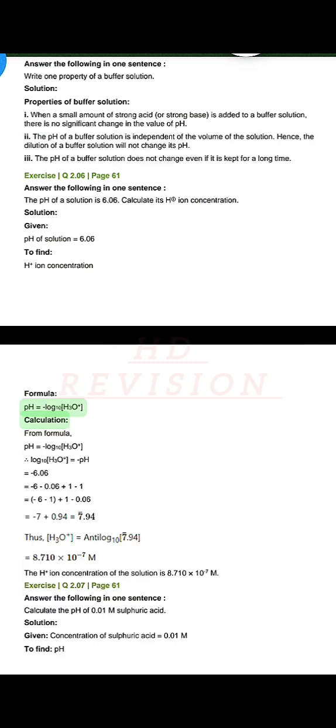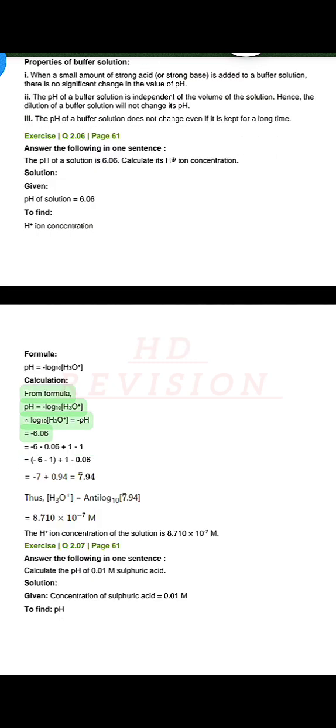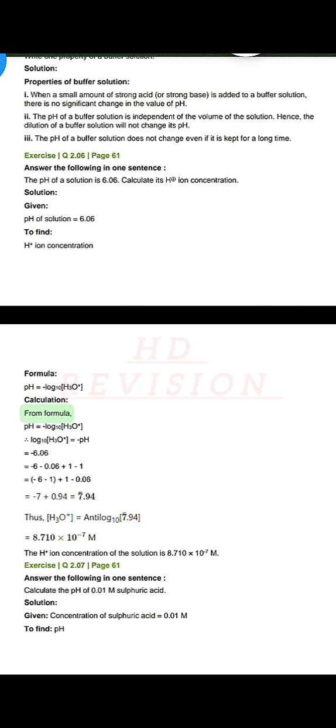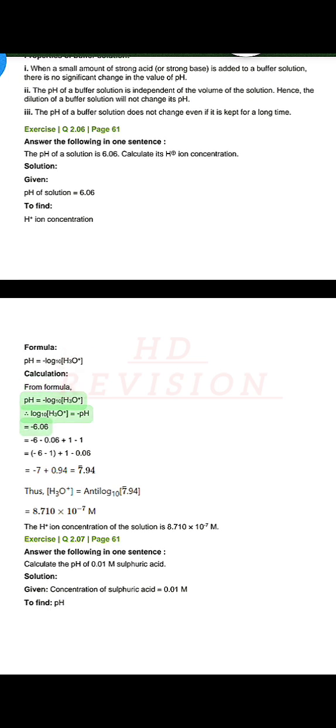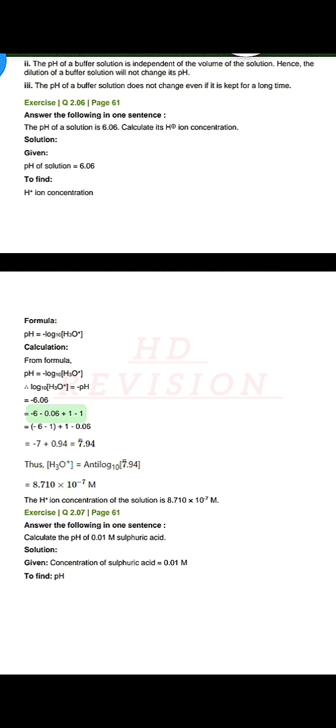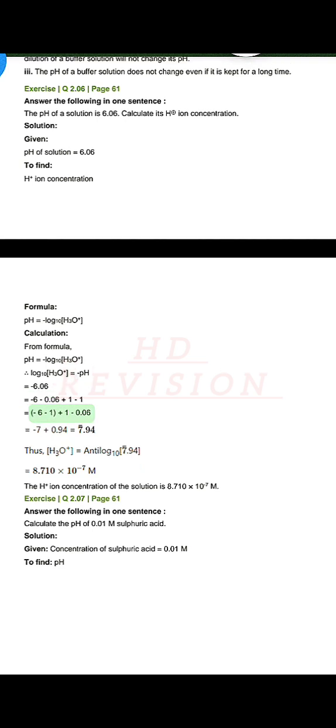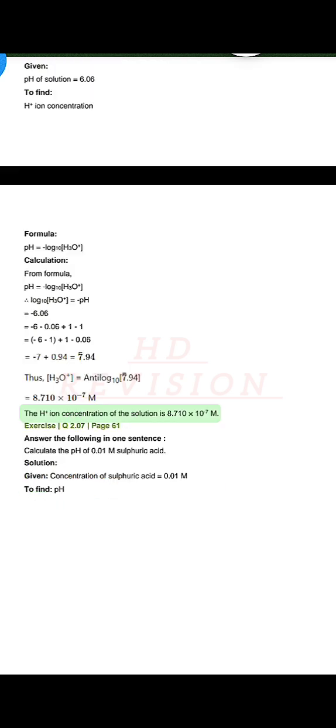Formula: pH equals minus log10 [H3O+]. From the formula, log10 [H3O+] equals minus pH equals minus 6.06. Minus 6.06 equals 7 minus 6.06 minus 7, that is 1.94 minus 7. The H3O+ ion concentration of the solution is 8.710 times 10 to the power minus 7 M.